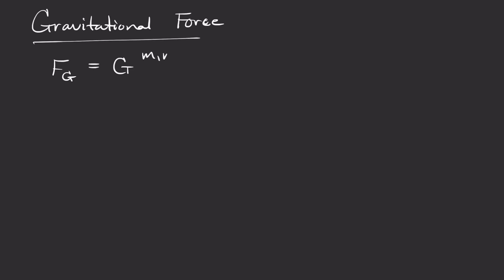The gravitational force, just in general, okay, is F equals big G m1 m2 over r squared. Gravity always acts between two masses, so two masses are always pulling on each other.